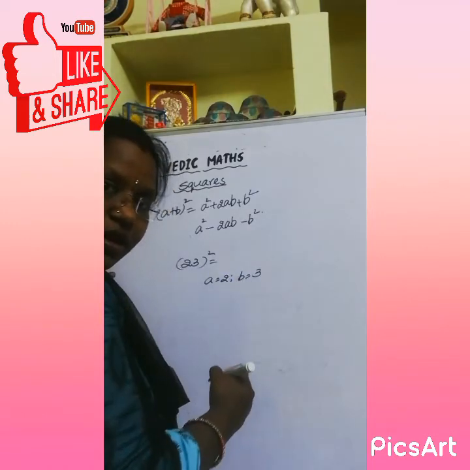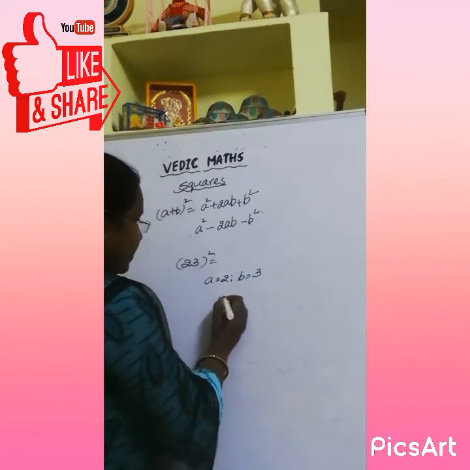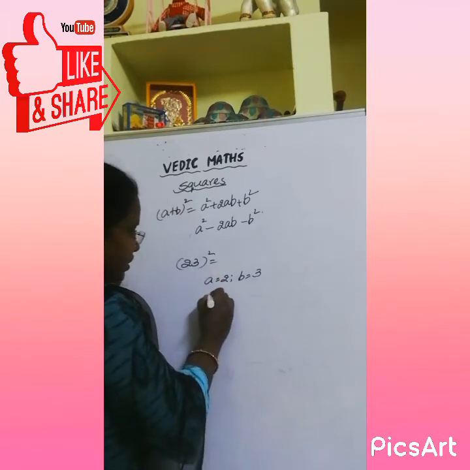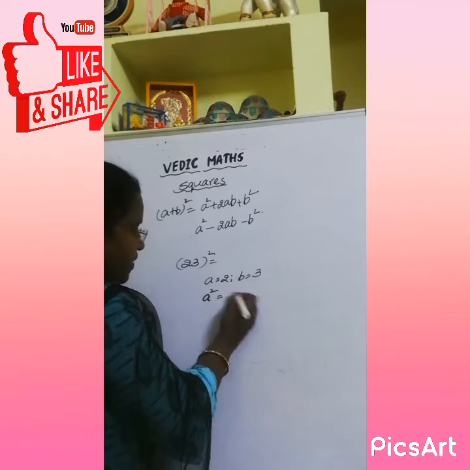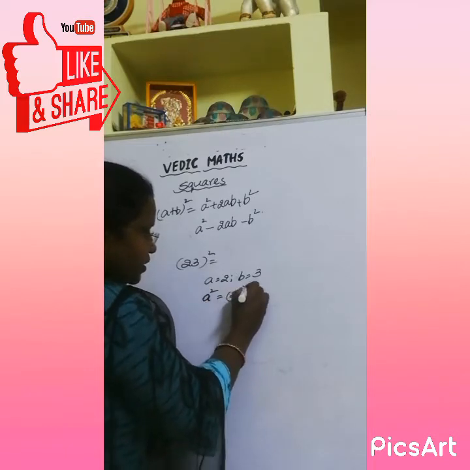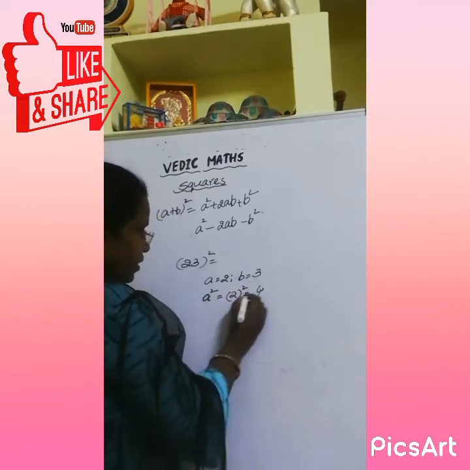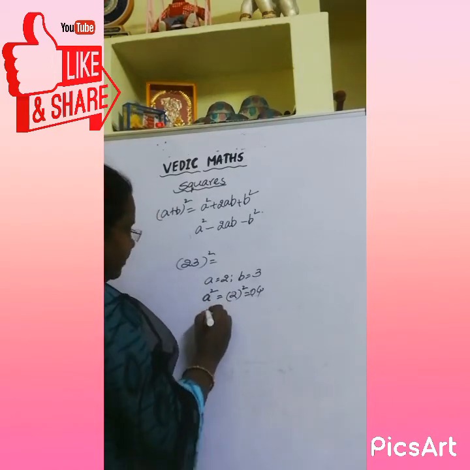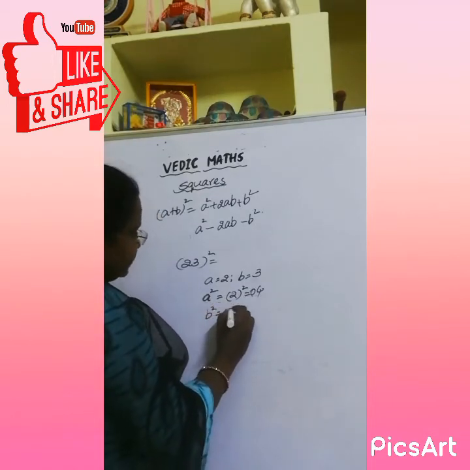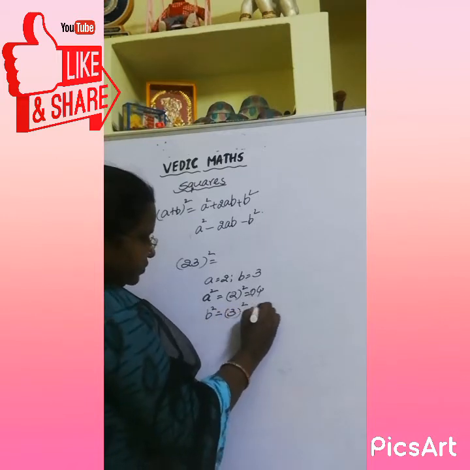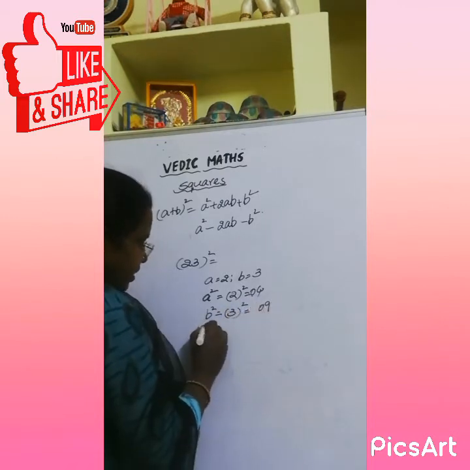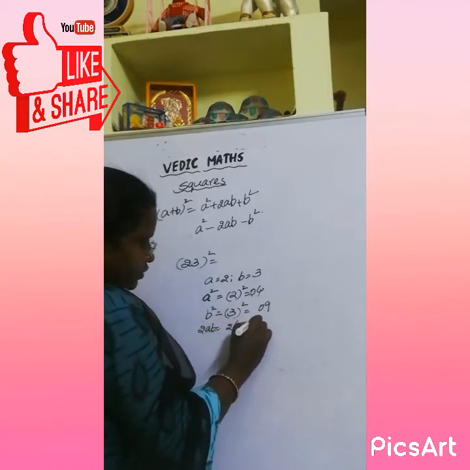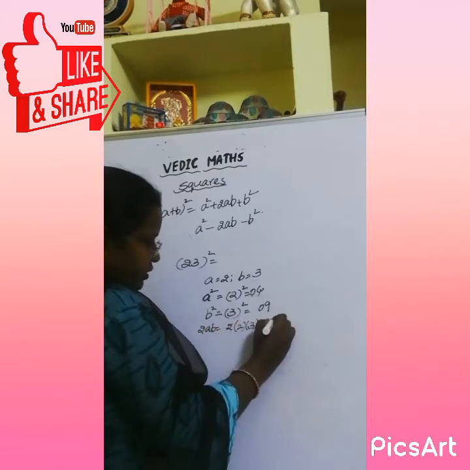A square is nothing but 2 square, which is 4. We have to use 0, 4, 2 digits in balancing. Then b square is 3 square, which is 0, 9, and 2ab is 2 into 2 into 3. 2 2s are 4, 4 3s are 12.